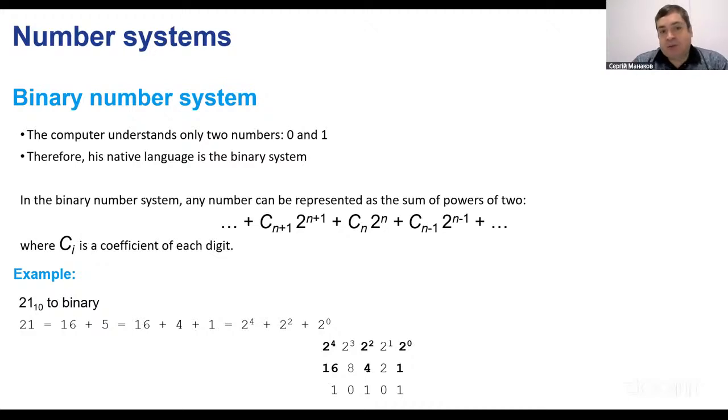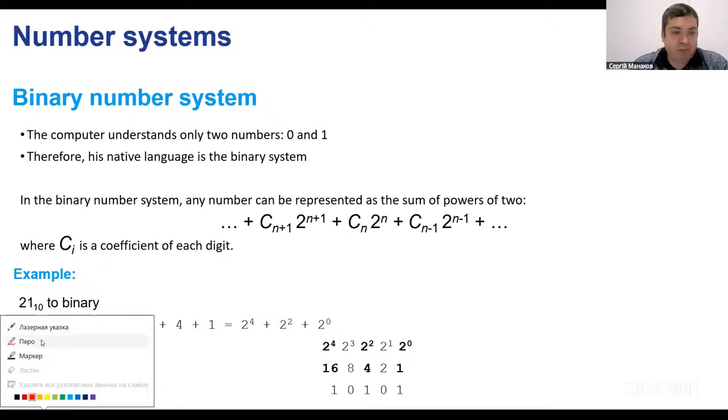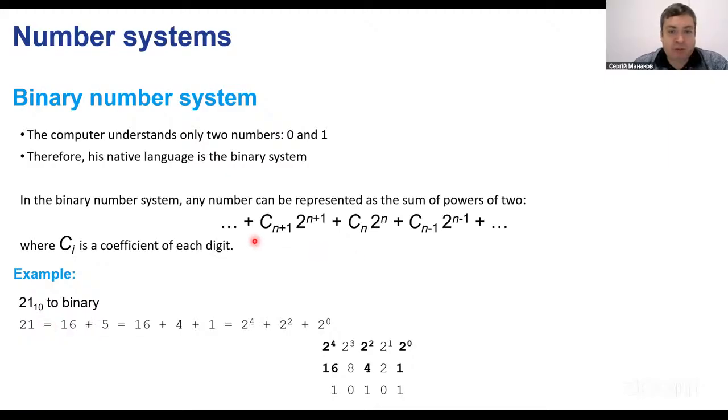In the binary number system, any number can be represented as a sum of powers of two. So any binary number is just a sum of some powers of number two. Each power of 2 is multiplied by some coefficient that corresponds to the current digit.